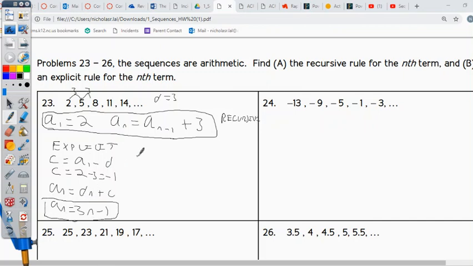Our second method for explicit form is that AN is equal to A1, 2, plus n minus 1 times 3. These are the two explicit forms of the sequence.